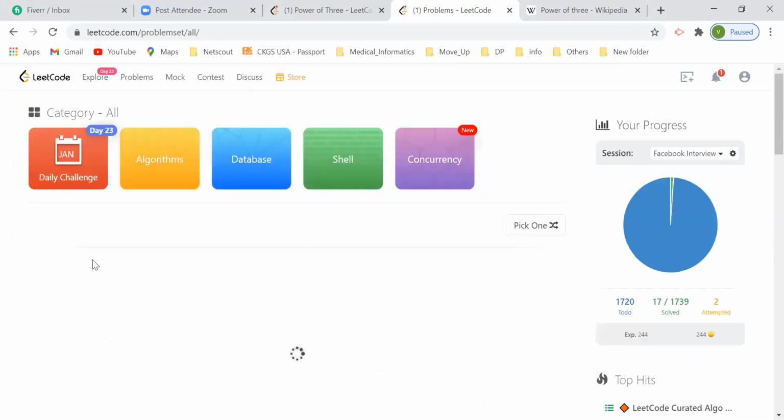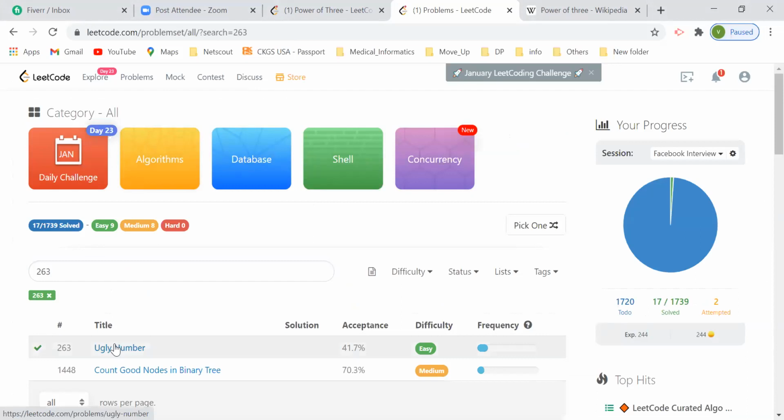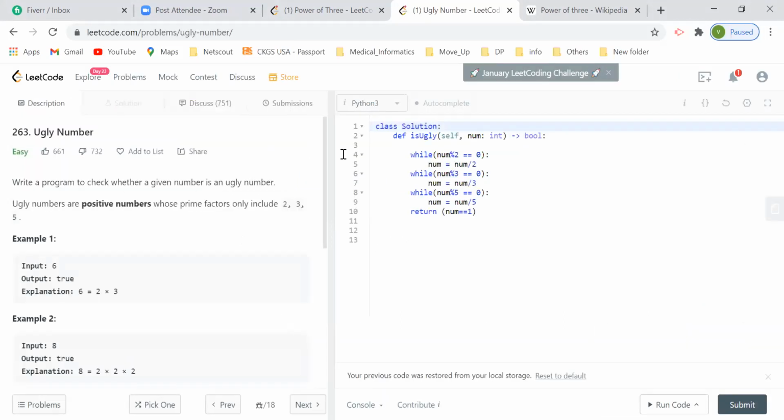That statement is good because it can reduce the time complexity. No, I'm just trying to say here, if the number is 0 and they have given 0, then this goes into an infinite loop. Here also we need: if num equals 0, then return false.